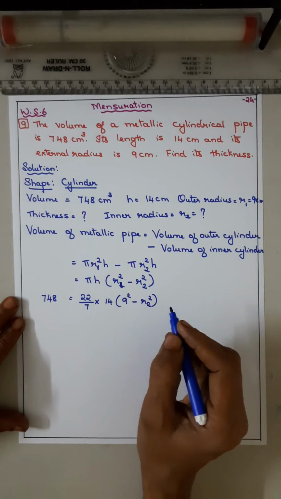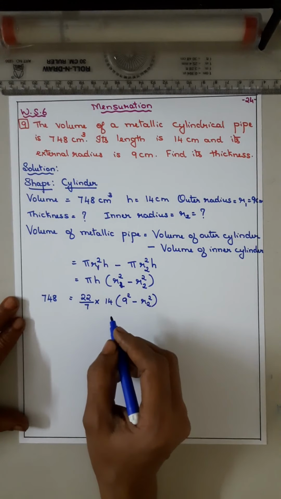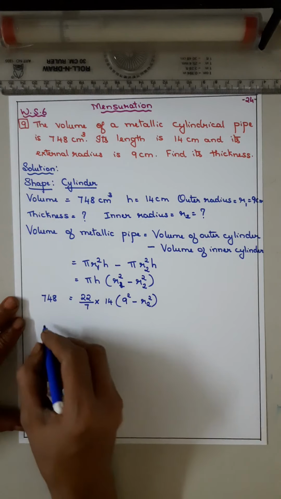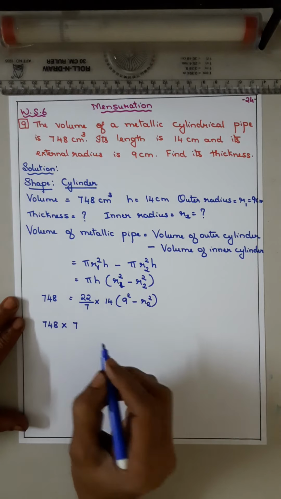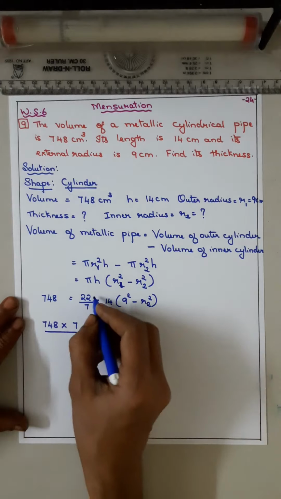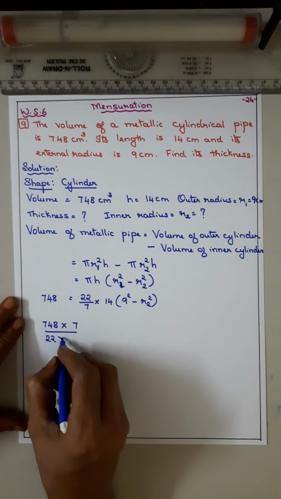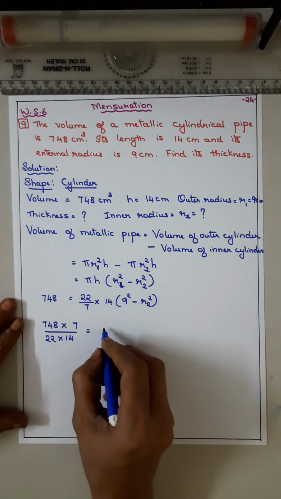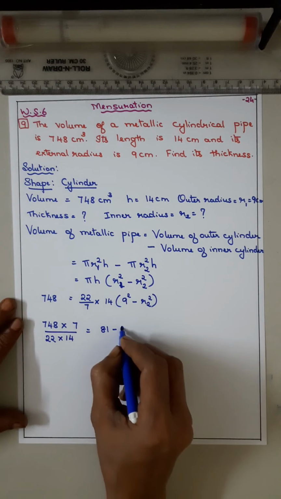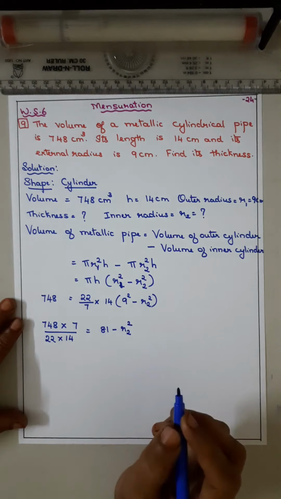Okay, now you can cancel here also, otherwise take it to the other side. 748 into denominator goes to the numerator, and in the numerator it is 22 by 14 is equal to 9 squared is 81 minus r2 squared.